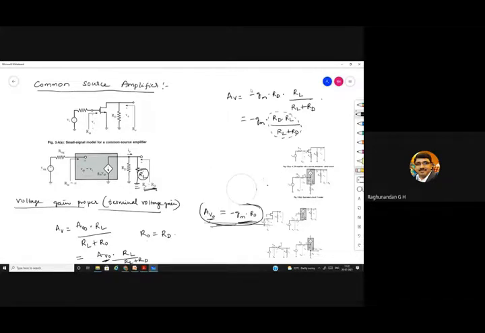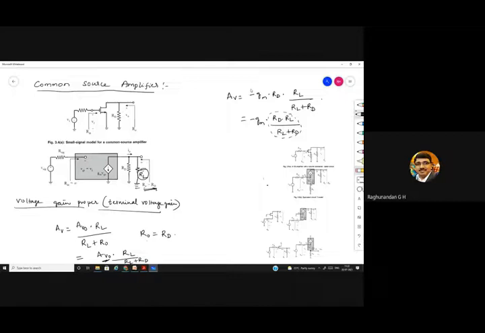RD RL by RL plus RD. Resistances in parallel.